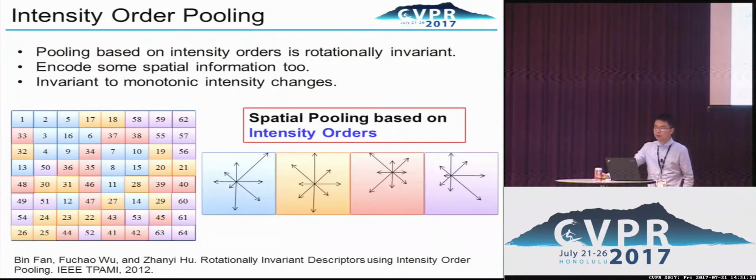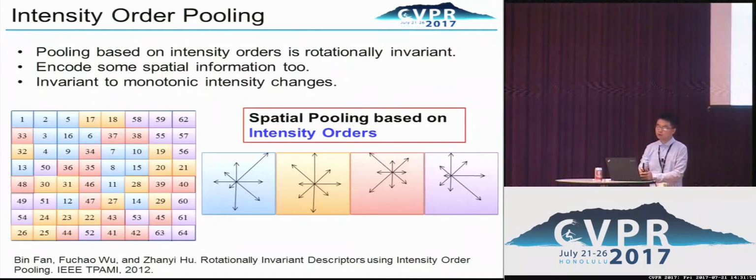To solve this problem, the intensity order-based pooling method is proposed. Briefly speaking, it first divides the local region into several subregions based on the pixels' intensity orders.